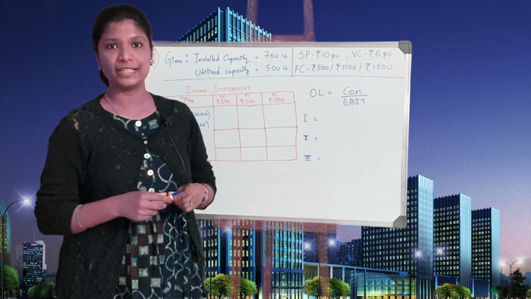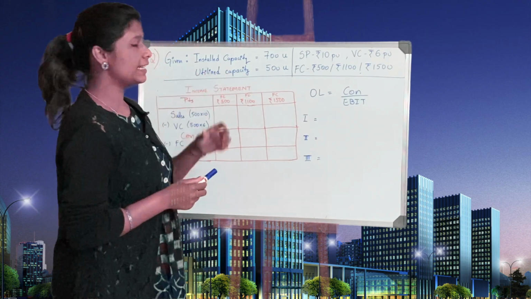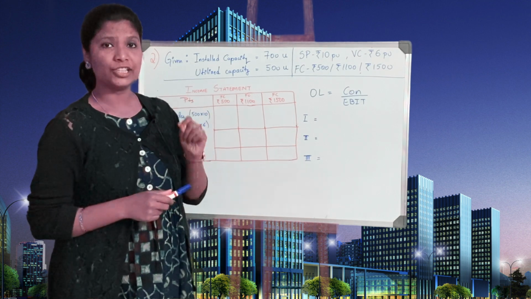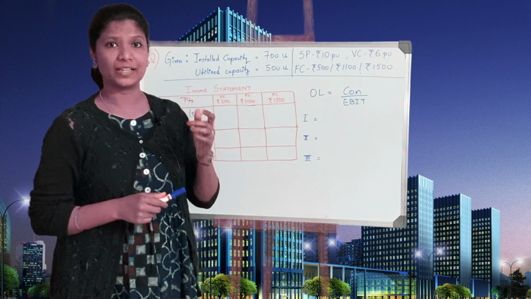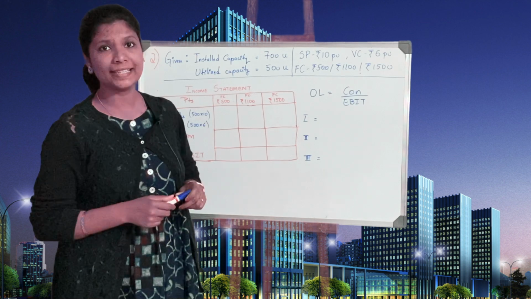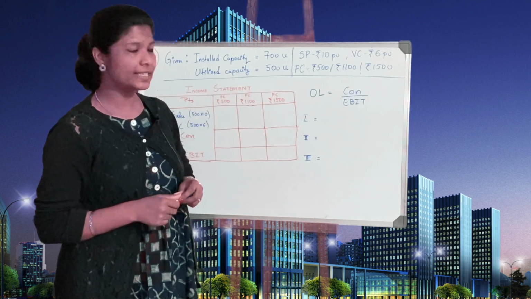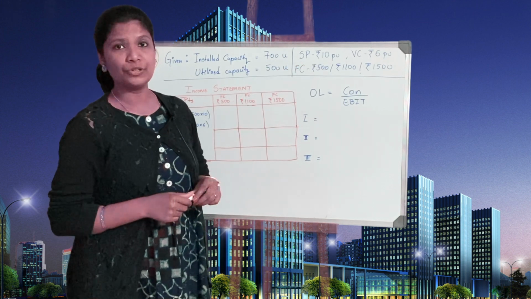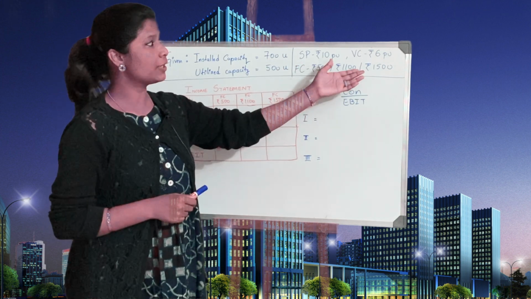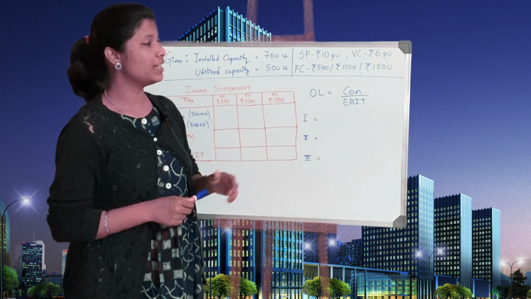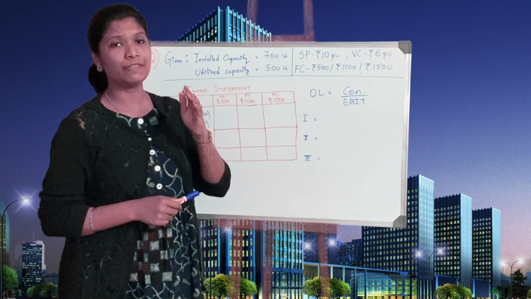So moving on to the second question, the details given in the question are: the installed capacity of the company is 700 units. The actual capacity or the utilized capacity is 500 units. The selling price per unit is rupees 10. The variable cost is rupees 6 per unit. The fixed cost is, they have given 3 levels.